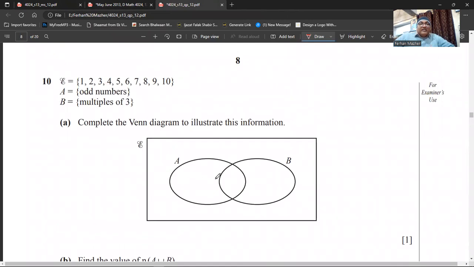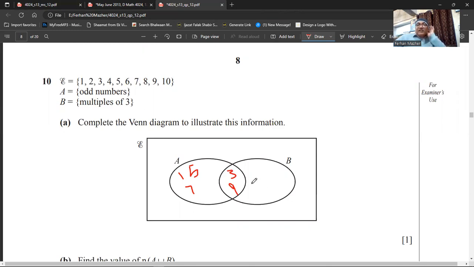Here we will have 3 and 9, and the rest of the odd numbers are 1, 5, and 7. So the odd numbers are 1, 3, 5, 7, and 9.